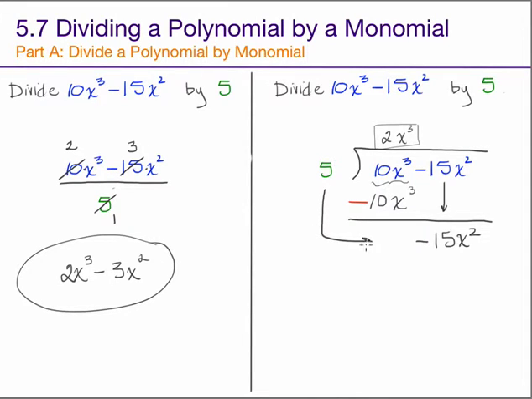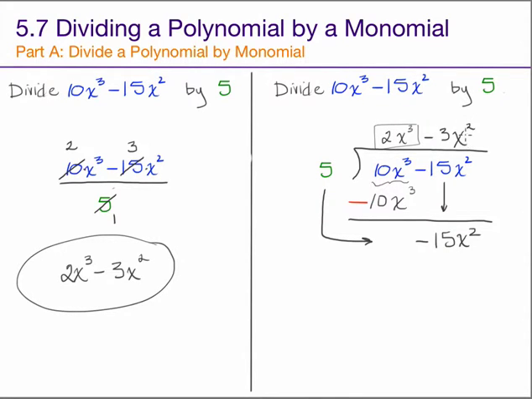5 goes into, what that means is, what do I need to multiply by 5 to get negative 15x squared? Well, to get negative 15, I need to multiply 5 by negative 3. But this would just give me negative 3 times 5 is negative 15. What about the x squared? I need to multiply 5 by negative 3x squared to get negative 15x squared.